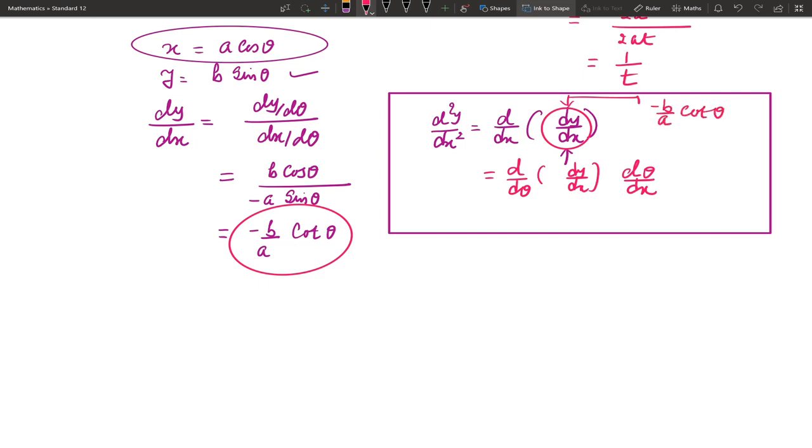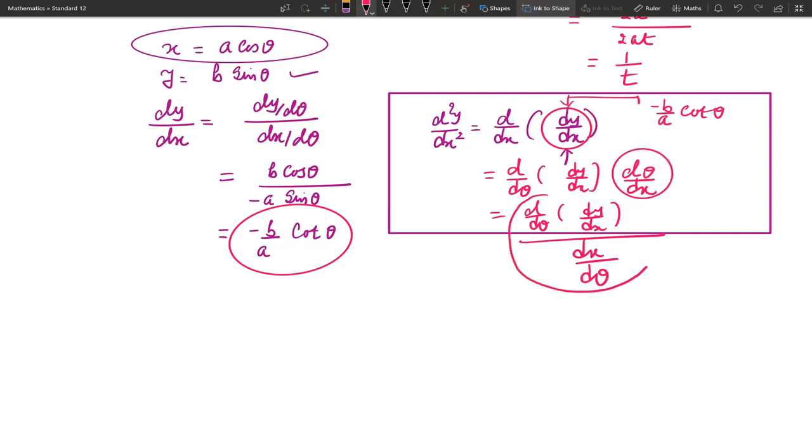So to differentiate outside, differentiate with respect to x, inside function of theta. So d by dx can be written as d by d theta of dy by dx into d theta by dx, and d theta by dx is 1 upon dx by d theta. So this is d2y by dx2 whenever inside it is function of theta.